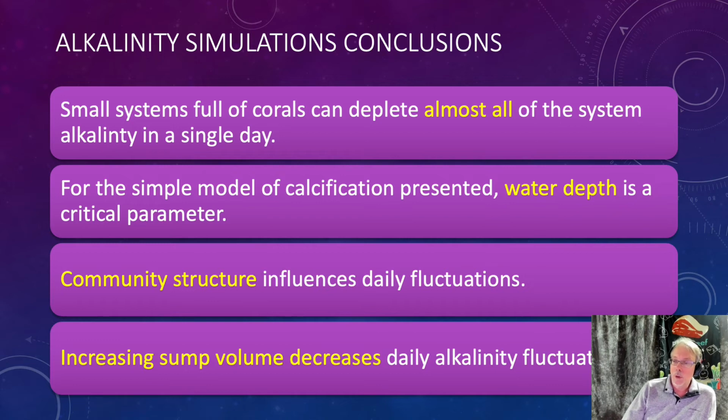Shallow coral grow out systems, these frag tanks, are the worst case scenario. Your choices about community structure, what you put in your tank, how much open space there is, have a large impact on the daily alkalinity fluctuations in your system. And obviously having a big sump, because you're adding inert water volume, where there's no calcification happening, definitely decreases alkalinity fluctuations.